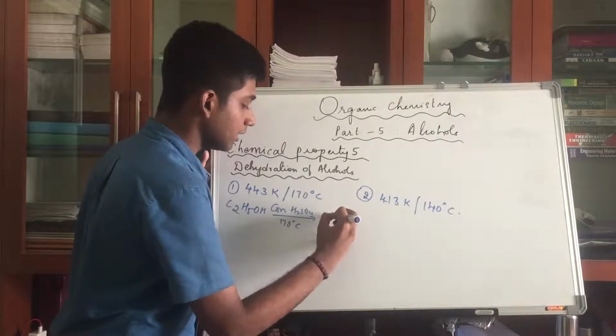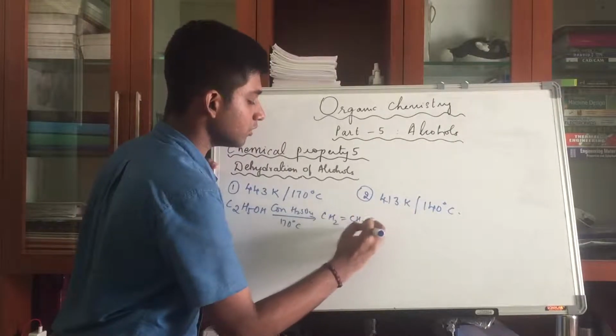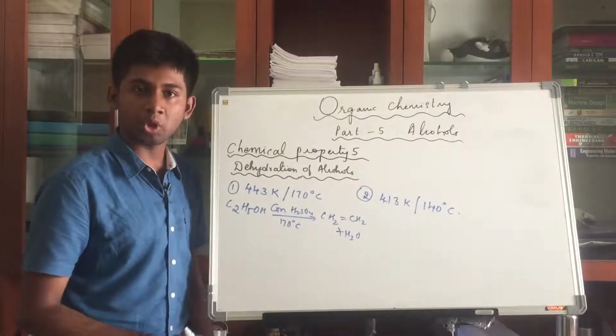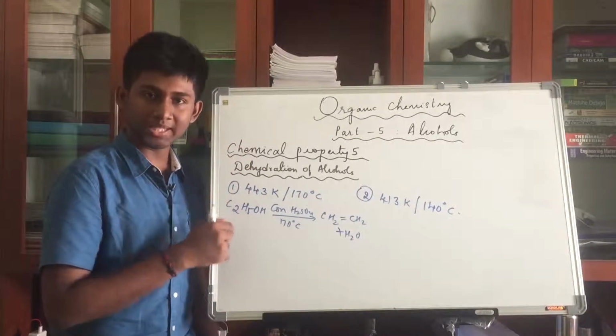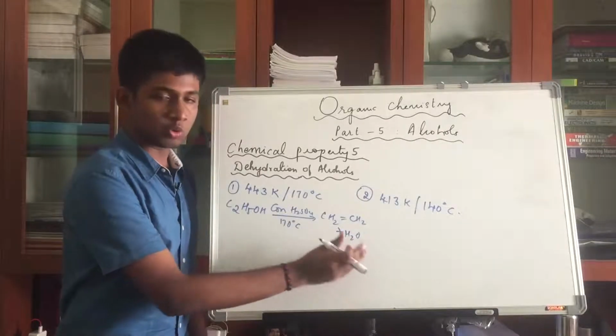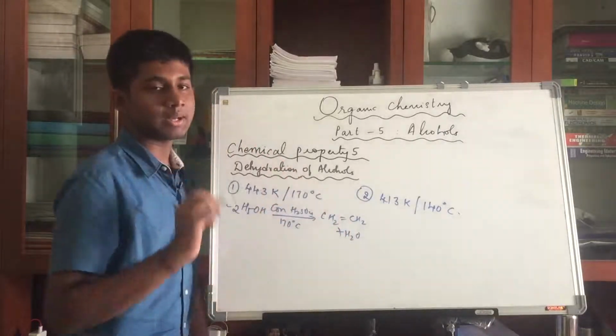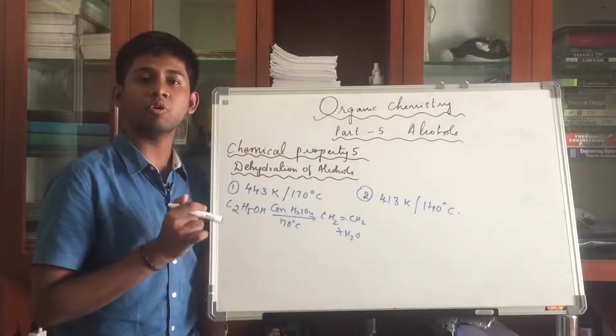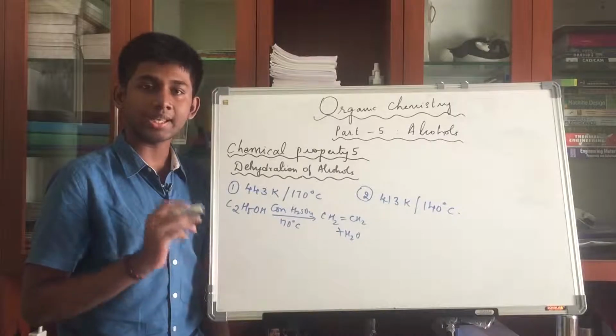You will get CH2=CH2 and H2O. This is known as dehydration because there is a removal of a water molecule. When you remove a water molecule from this alcohol, you get H2O as a byproduct and CH2=CH2, which is your alkene. So this is dehydration when the temperature is 443 Kelvin or 170 degrees Celsius.